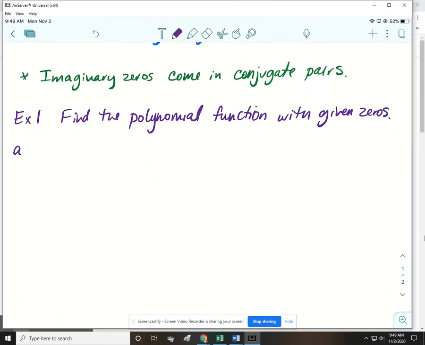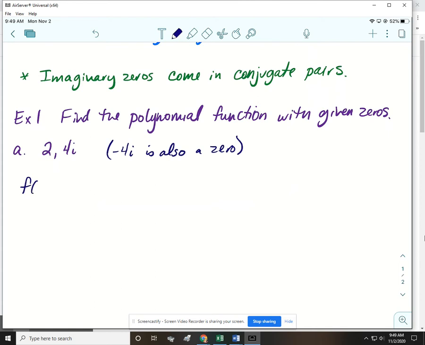And our first set of zeros is 2 and 4i. Now it's up to you to make a note that if 4i is a 0, negative 4i is also a 0. Even if they didn't give it to you, you'll have to know.